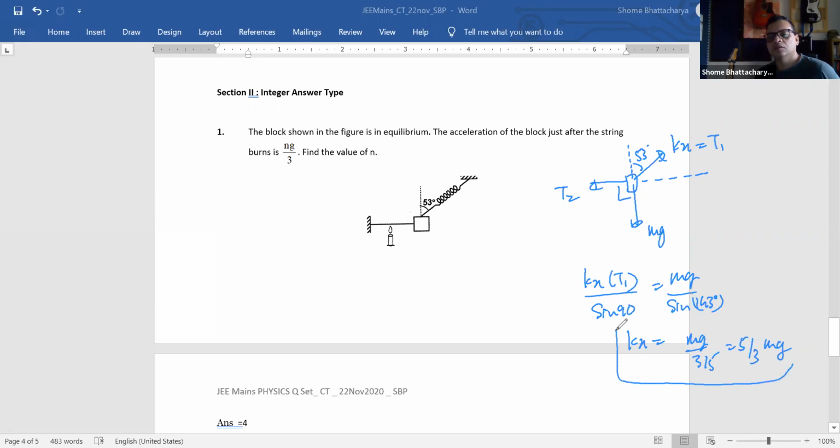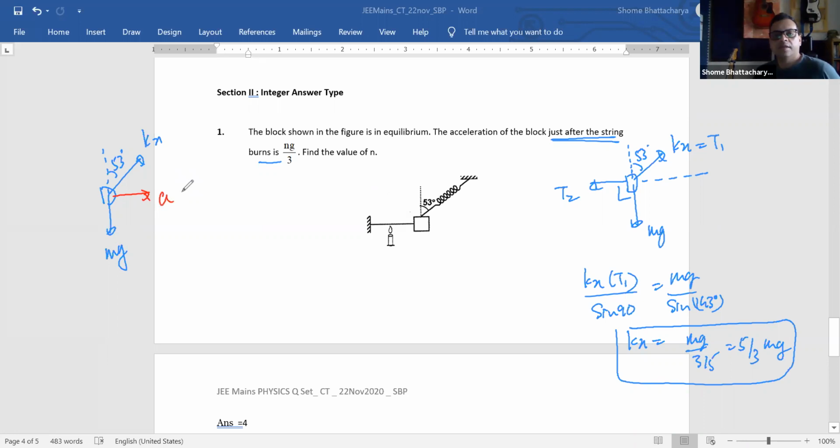Okay. So now after you burn the thread, what is happening? After burning the thread, this force at that moment remains the same. So just after the string is burned, at just that moment, this kx is still acting at the same angle of 53 degrees, and mg is acting like this. So it will have an acceleration in this direction because the sum of these two forces will be in this sort of direction.